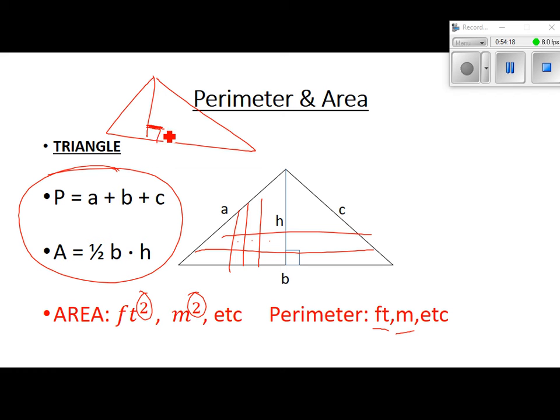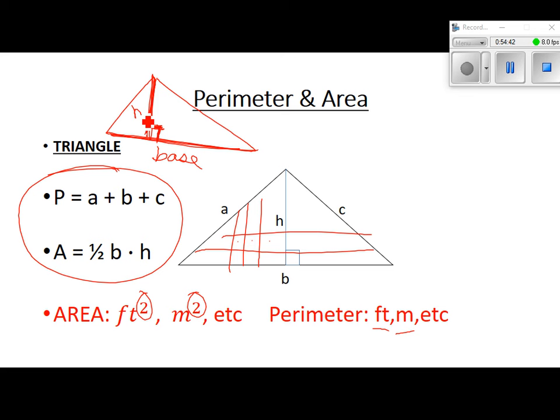What's that symbol? Square. It's a right angle. That tells you there's a right angle. The side that right angle sits on is the base. The side that goes up and down next to that right angle is the height. So the height's always going up and down next to that right angle. The base is what it sits on.